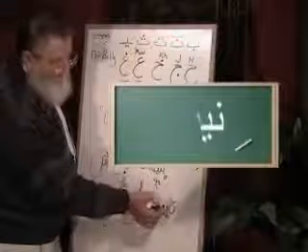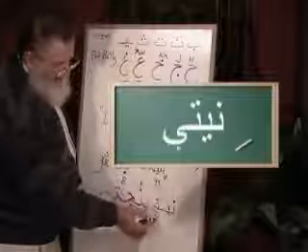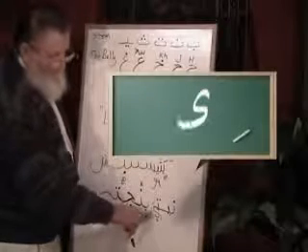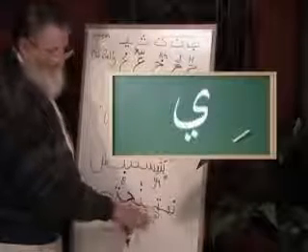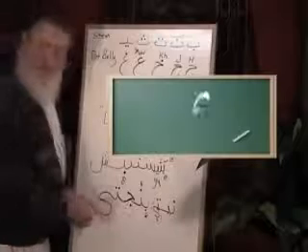Because this is na, that's ya, and this is ta, and this is what it looks like when it's at the end of the word by itself. It's called ya. See it? And it has two dots. So whenever you see this, it looks kind of like an S. That's actually a ya in the Arabic, at the end of a word.